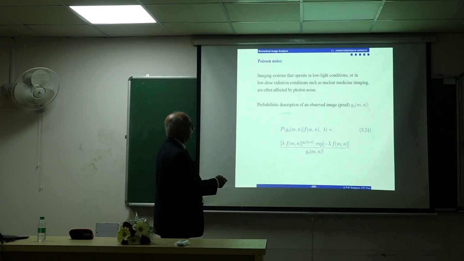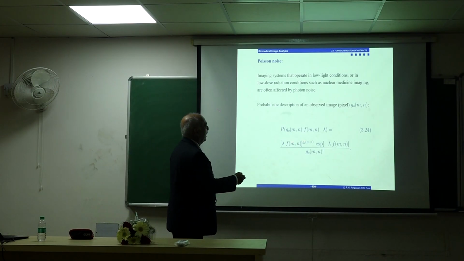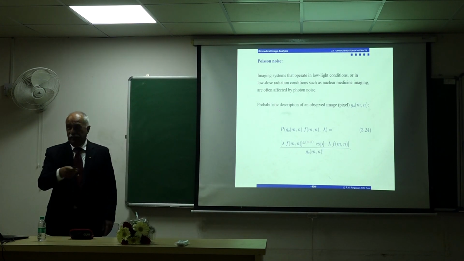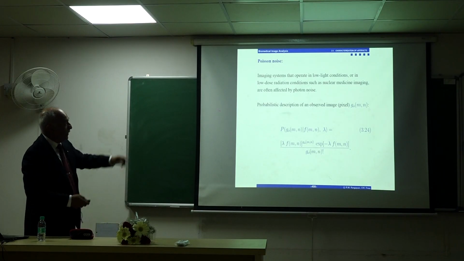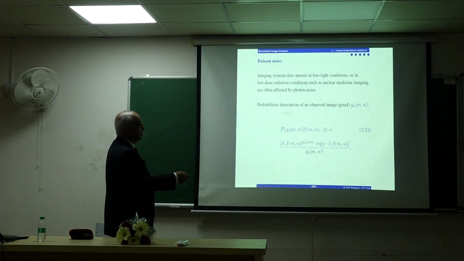The probability of occurrence of a certain value g0(m,n) is dependent upon f(m,n), the original signal, and some factor lambda. You don't need to remember this, but the probability of occurrence of this value g is dependent on the original value f in this relationship. There is some exponential factor, but this is raised to the power of g0(m,n), divided by g0(m,n) factorial, like the K factorial we had earlier. So this shows that the PDF of this value being observed depends on the signal and some factor.